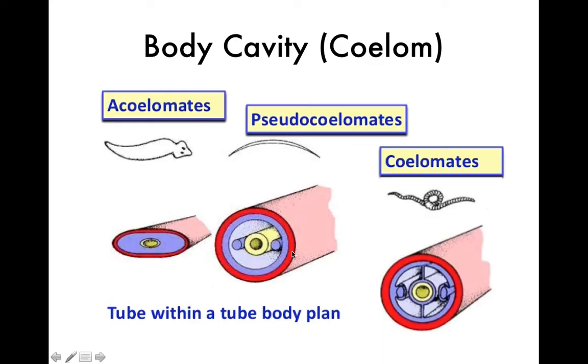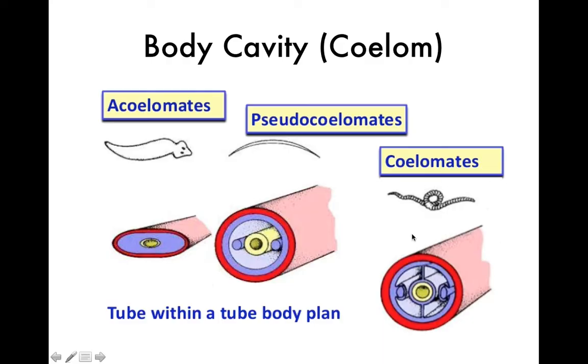Now, in pseudocoelomates, like this roundworm here, you can see that there's a space in here, but it doesn't line the cells derived from the endoderm. It doesn't line the gut and the other organs. So there is this cavity, but not being lined with cells derived from mesoderm makes it a pseudocoelomate.